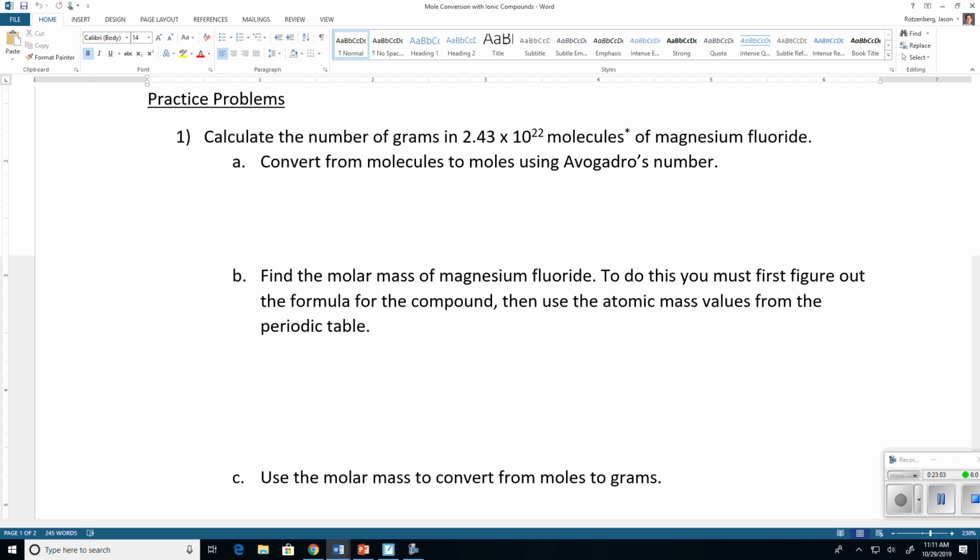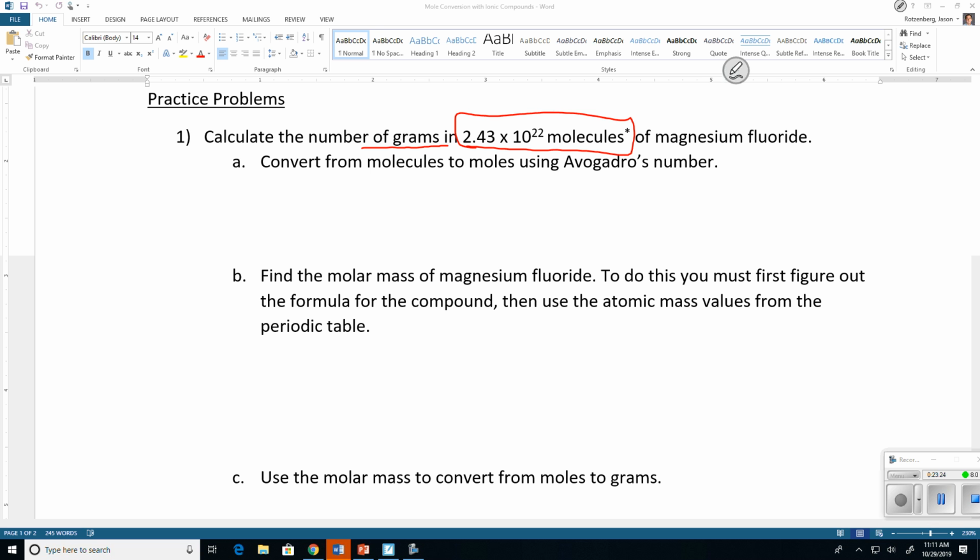Molecule, in terms of mole conversions, is just like atoms. It's the tiny things that we need a ridiculous number of them for, hence the 10 to the 22nd power. So in this question, it's asking for grams, and it's given me molecules.